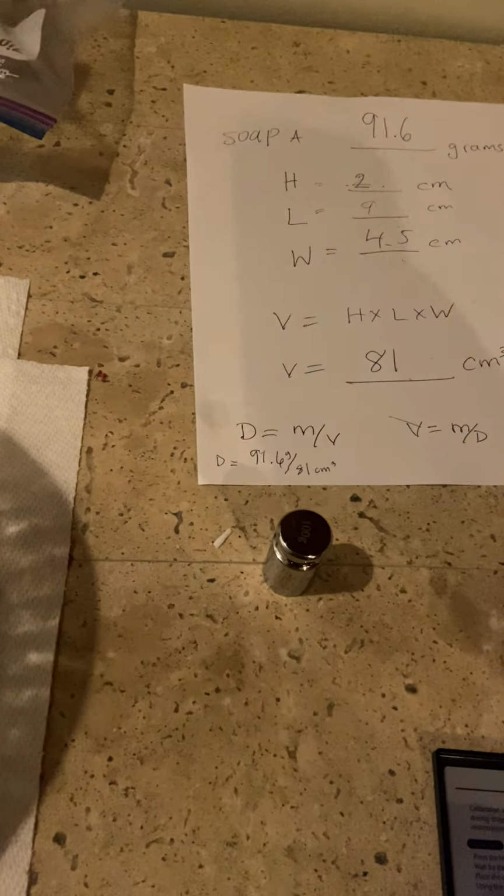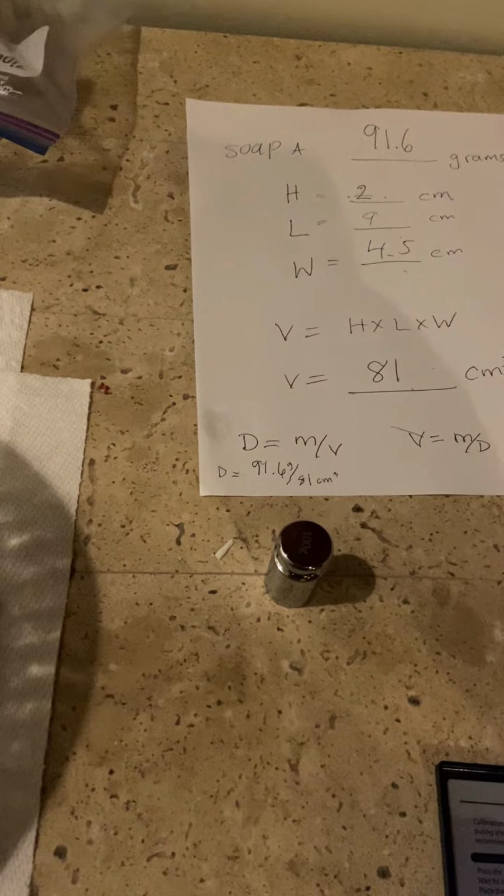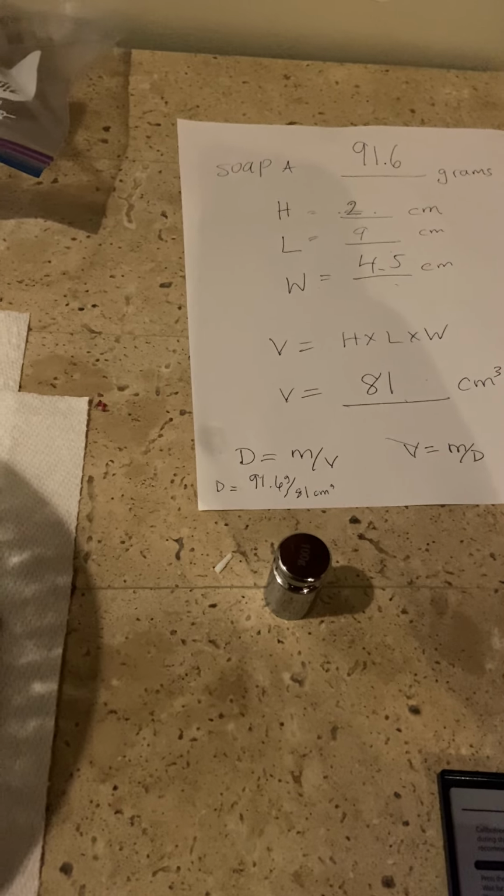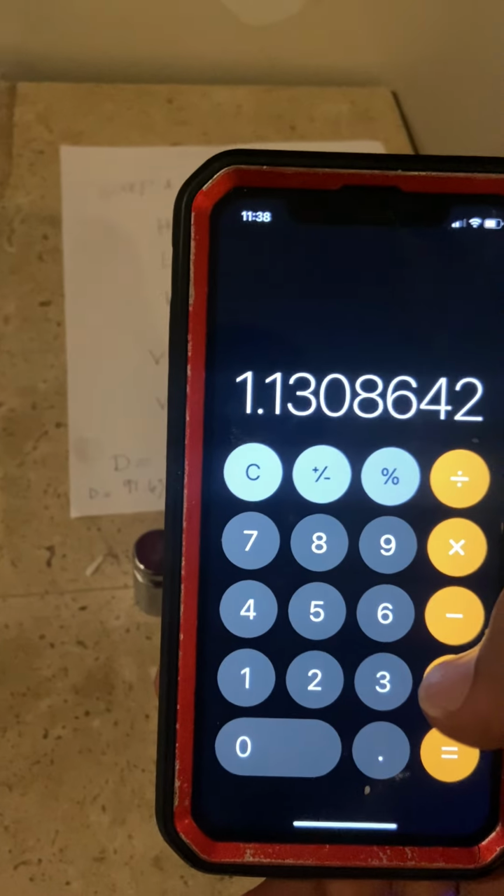If I use my calculator, 91.6 divided by 81. It's gonna be 1.13.